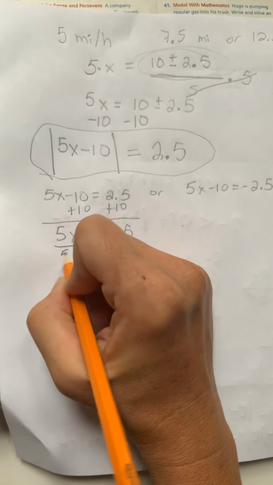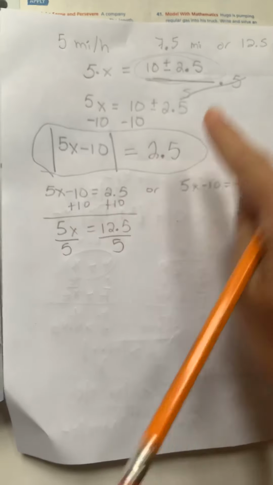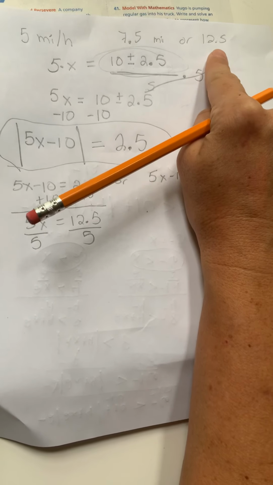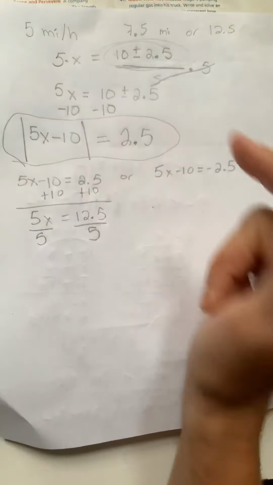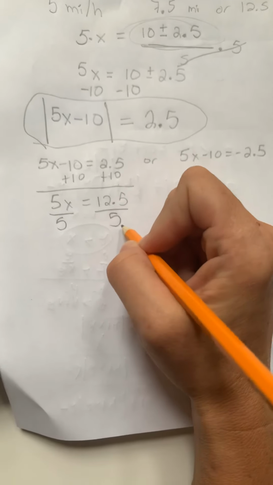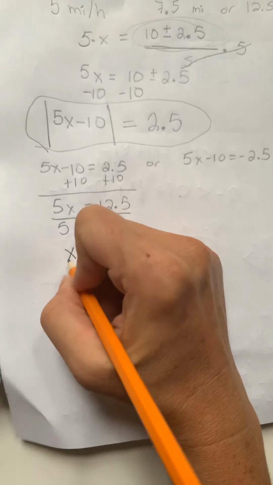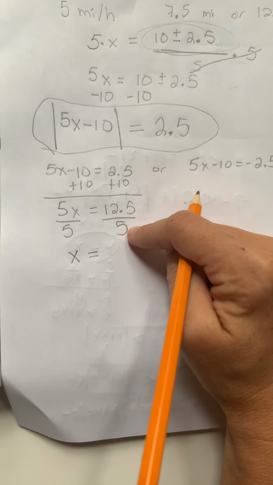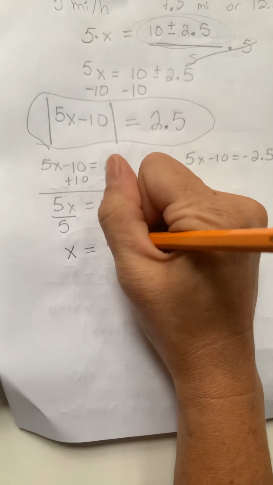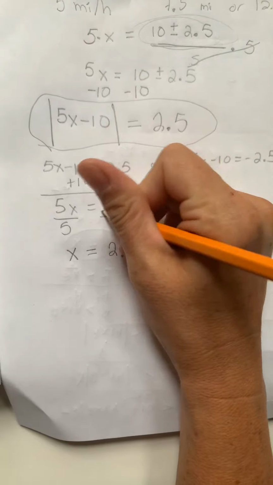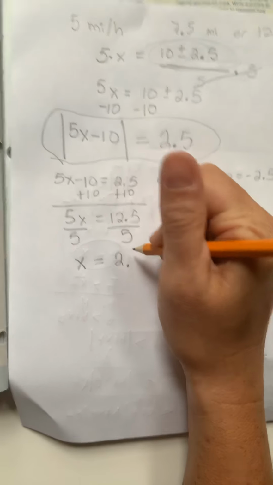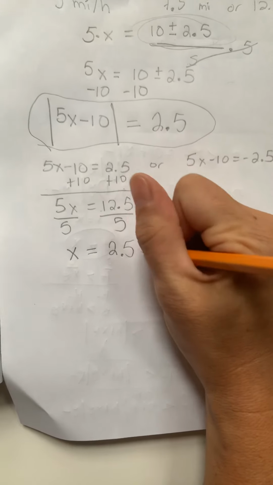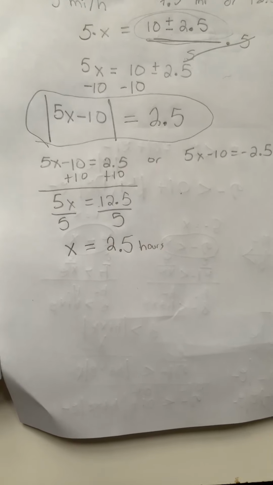And then divide by 5. See, this is what I wanted. I knew it was either 7.5 miles or 12.5 miles. And then I need to divide by the 5 miles per hour to see how fast it went. So x equals 12.5 divided by 5, which is, what is that? 2.5 hours.